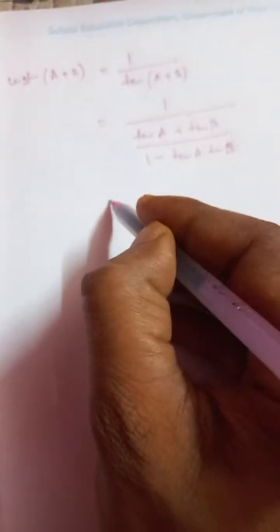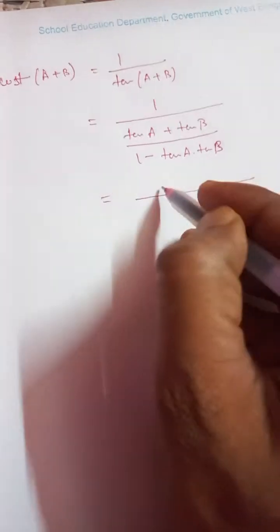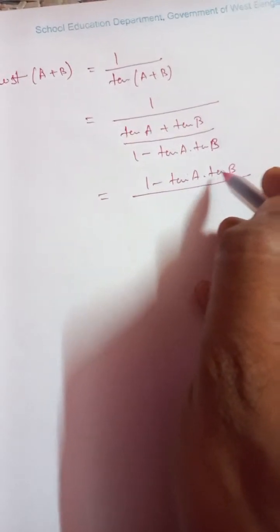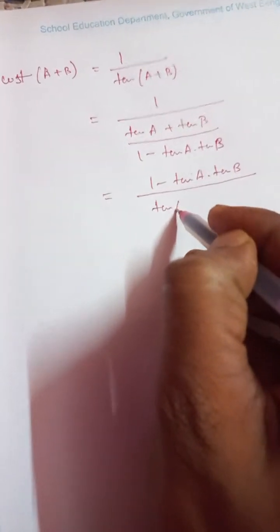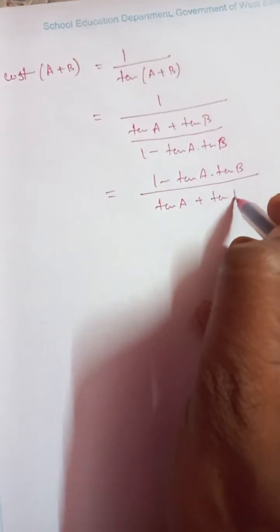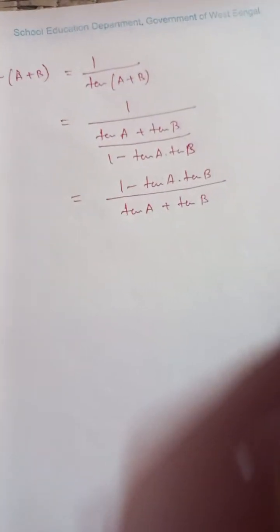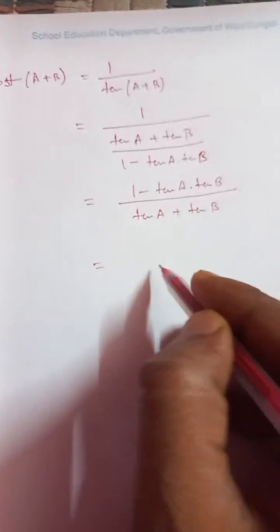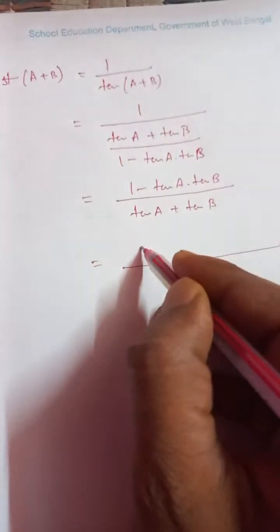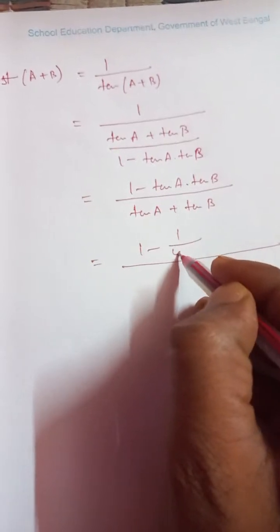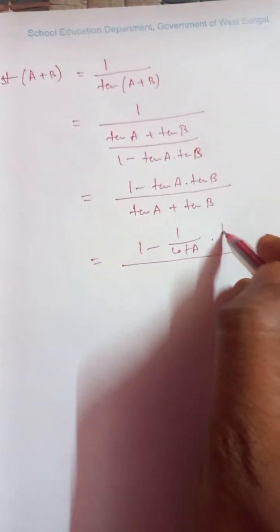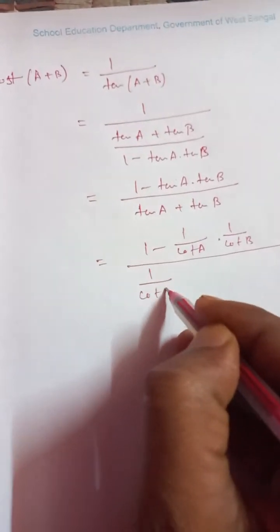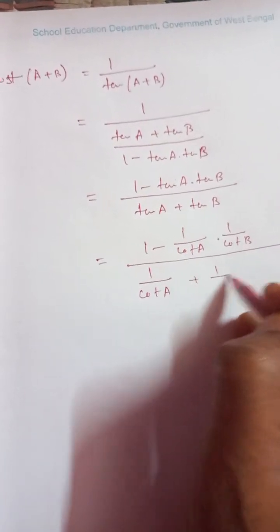So if we rearrange this, this will be 1 minus tan a tan b by tan a plus tan b. Now tan a and tan b are replaced by cot a and cot b. So it will be 1 minus 1 by cot a multiplied by 1 by cot b, by 1 by cot a plus 1 by cot b.